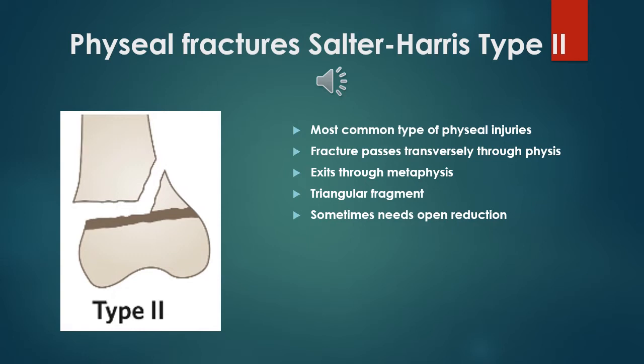This is also usually easily reduced, but not always easy to hold the reduction in a cast. Sometimes the torn periosteum becomes trapped in the fracture site, and this will prevent a full reduction by closed means or casting. The trapped periosteum sometimes needs to be released by open reduction, especially in the ankle.